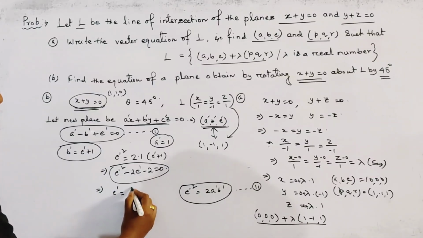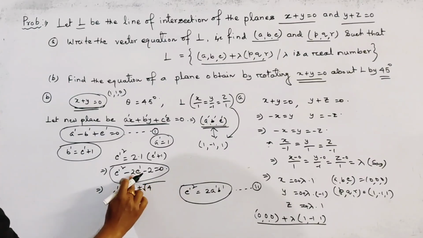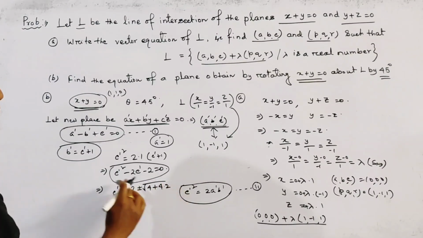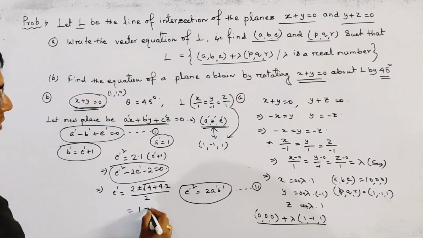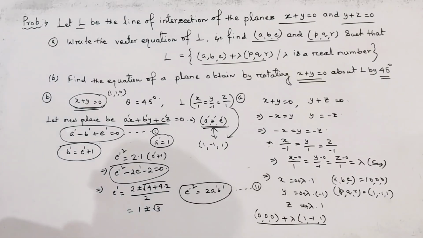c' is given by 2 plus minus root of b square, meaning 4, minus 4ac, which is 4 into 2, all by 2a. So we get 1 plus minus root 3, and this value is c', that is 1 plus root 3 or 1 minus root 3.